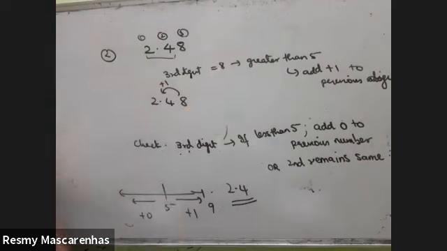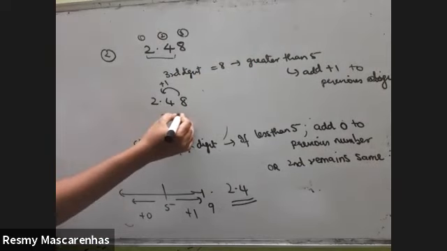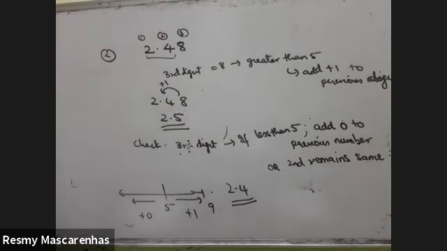Because it is greater than 5. The answer is 2.5. Add plus 1 to the previous digit. Any doubts in this? You can ask.